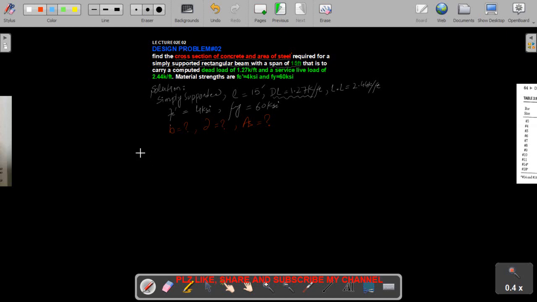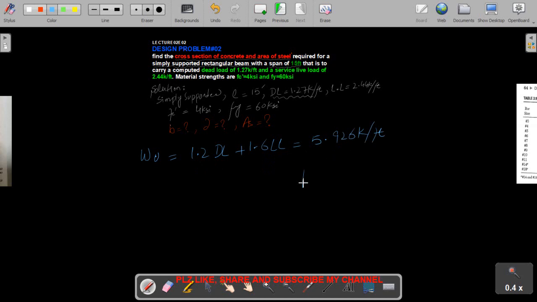So first of all, we find out Wu. So Wu is what? 1.2 dead load plus 1.6 live load. So we know the dead load and live load. If you plug in all the values, we get Wu as 5.926 kip per feet.